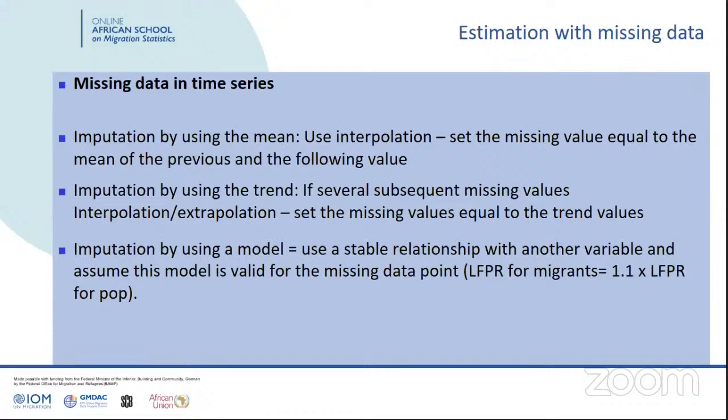But we have those rates for the general population. Then we can maybe find a model or use a model from another country saying that the labor force participation rate for migrants is equal to a constant, say 1.1, times the labor force participation rate for the population. In this way, we have a model, and we have to rely on that model to impute those modeled values for migrants.